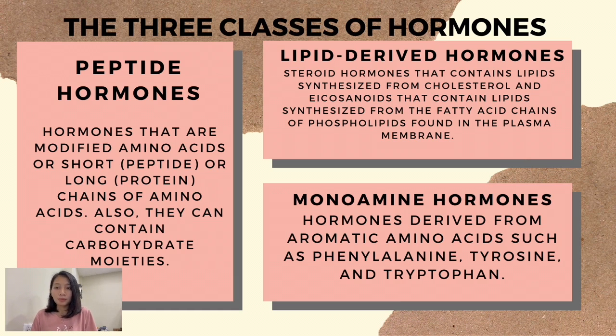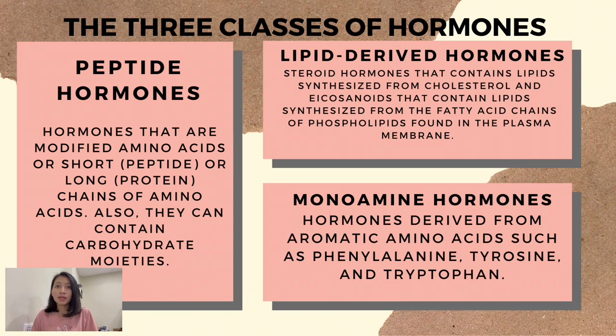Peptide hormones consist of short chains of amino acids such as vasopressin that are secreted by the pituitary gland and regulate osmotic balance, and long chains such as insulin that are secreted by the pancreas, which regulates glucose metabolism.